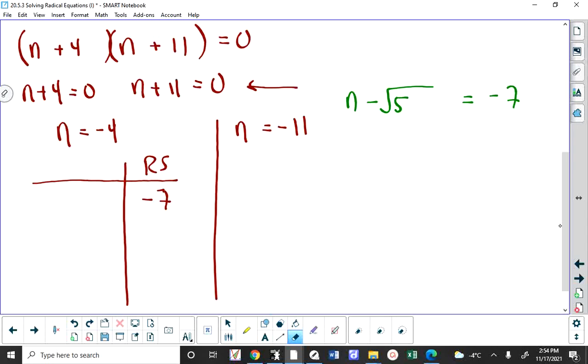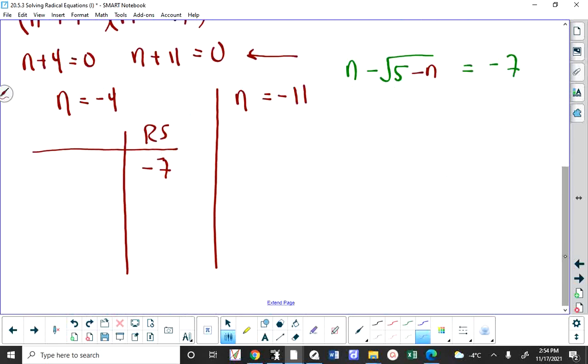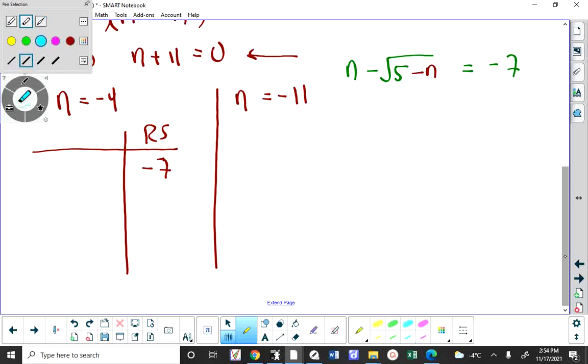N and 9 kind of sound the same. I think that's what my brain actually did. So we need to put that n equals negative 4. We need to put this in here and here.